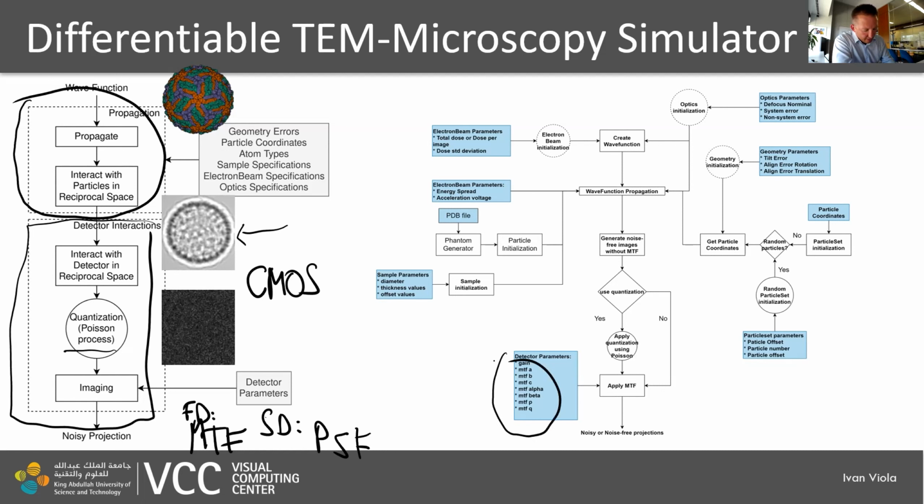This MTF function will typically look something like this. It will be a curve, a symmetric one, and the point spread function will be its spatial domain counterpart, and that will look approximately like this. A small blurring kernel. We can characterize this MTF by these parameters which you can see here.